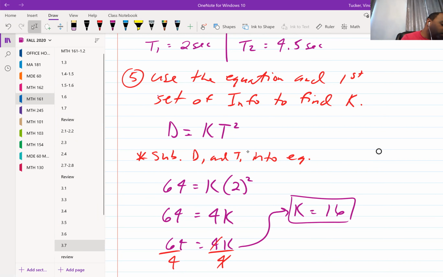K is equal to 16. All right, so everybody okay with that?